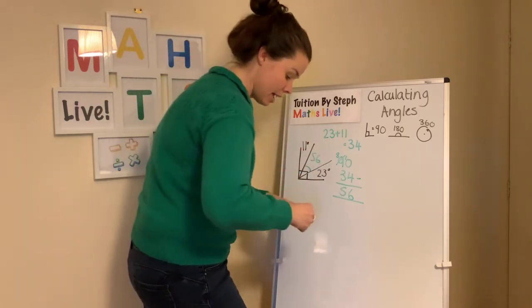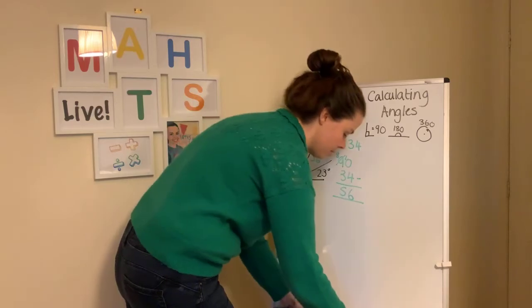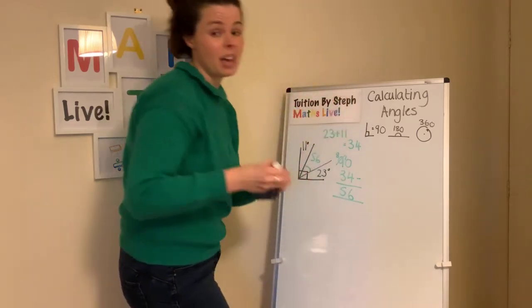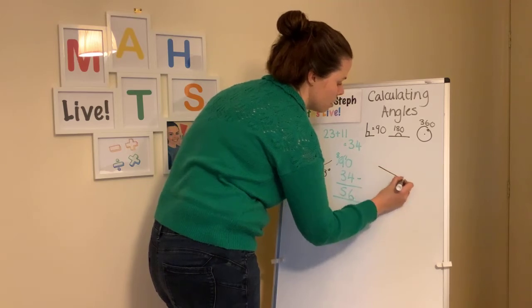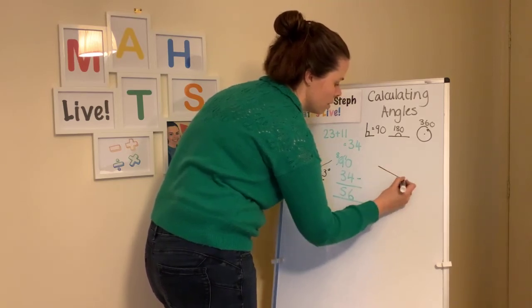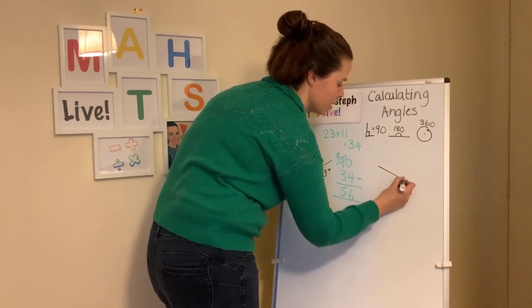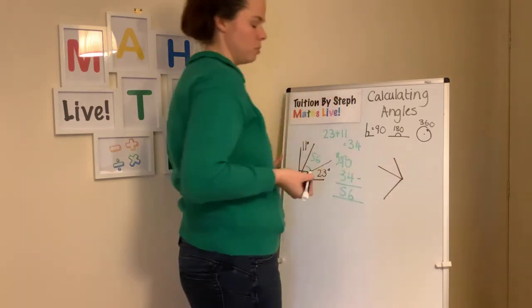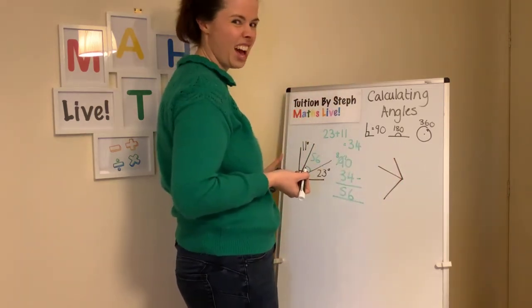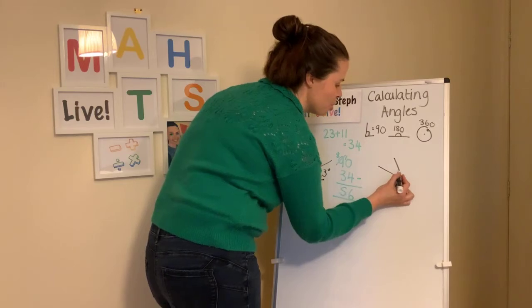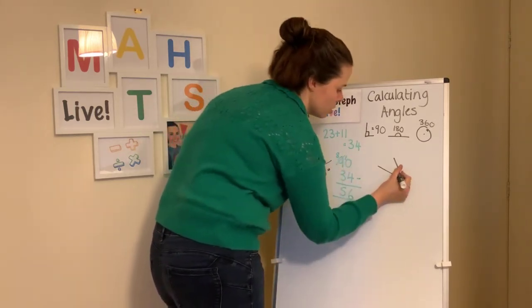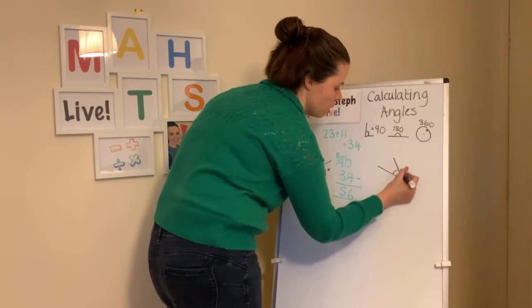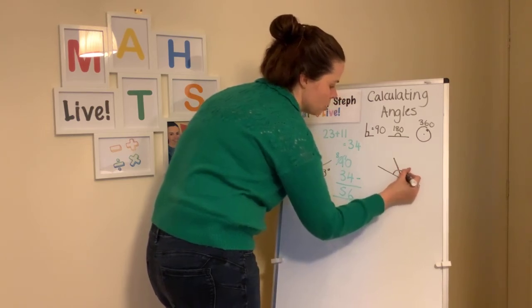And it's the same with a straight line. It's even the same with a reflex angle, because you could be given something like this. You could be told this one, and you could be told this one.